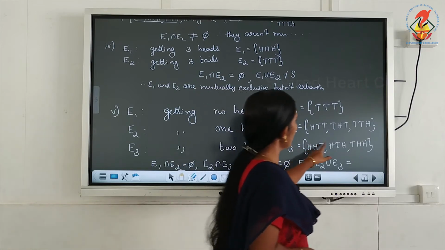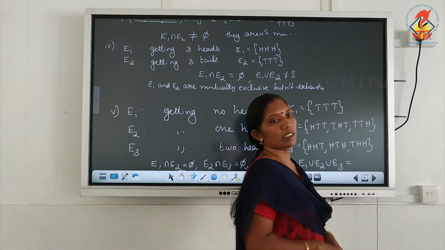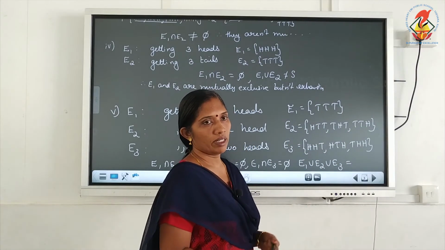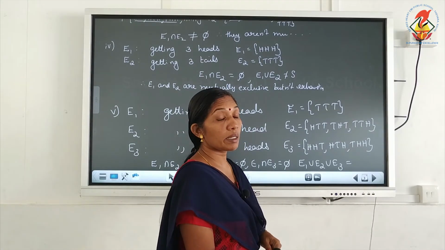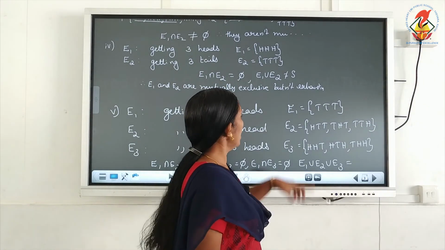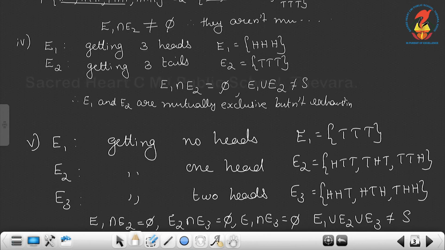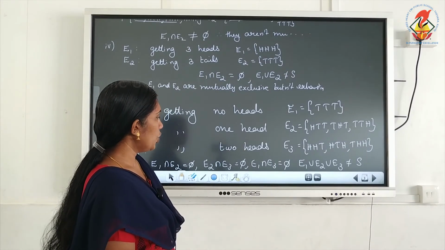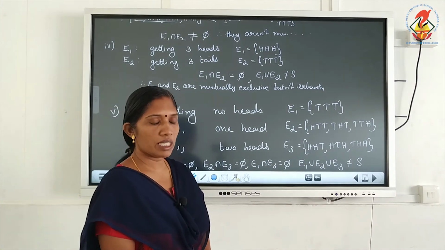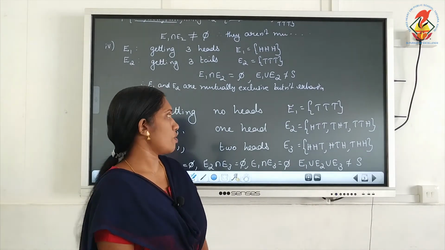Here how many elements? 3, 3, 6, 7. The one element that is missing is triple head, that is not in this union. So this is not equal to S. So what we conclude? E1, E2, E3 are mutually exclusive but not exhaustive.